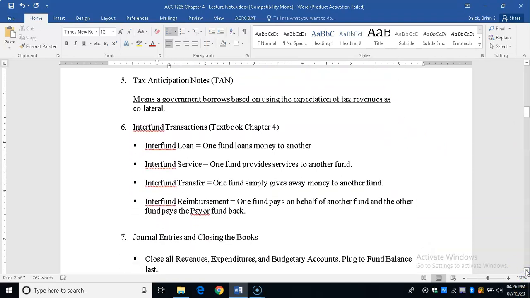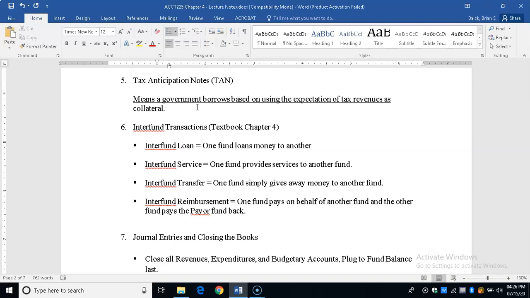Okay. So a couple of other things. Tax anticipation note means the government borrows money based on their expectation of tax revenue as collateral. So the interesting thing about governments is that they can tax you. For example, they can charge you property taxes, and they know they're going to get their money because if you don't pay, they'll just repossess your house, they'll take it over and then auction it off.